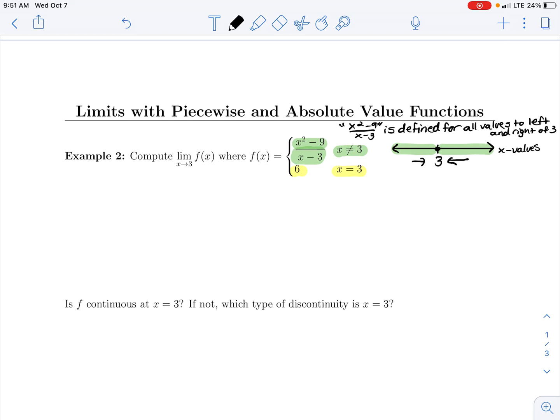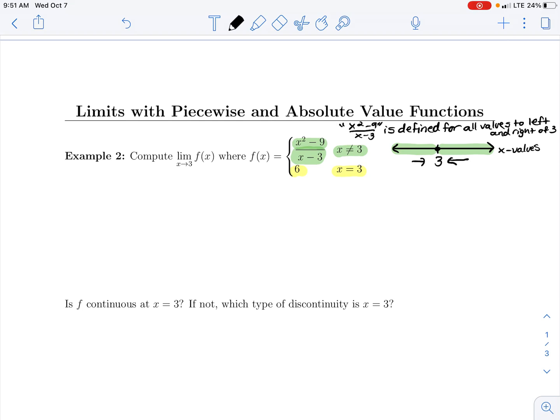I want you to recall what a limit is. As x approaches some value c, the limit tells us what output values, or function values, or in other words, what y values I'm approaching.